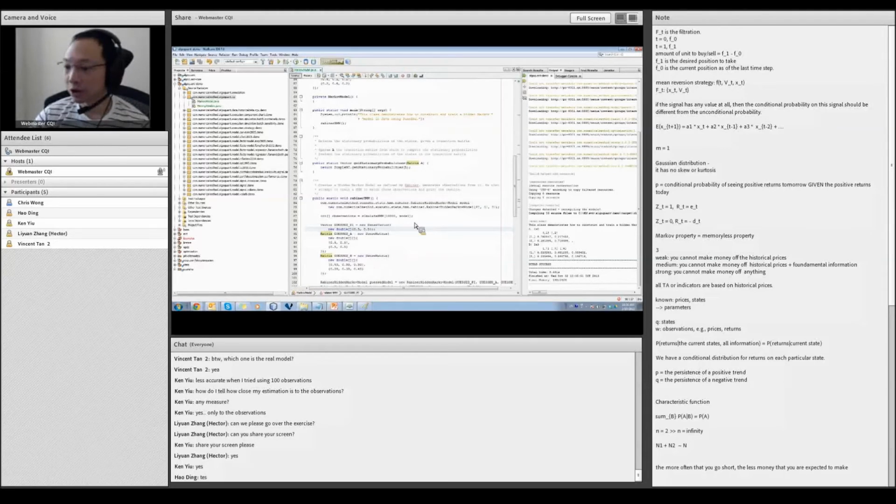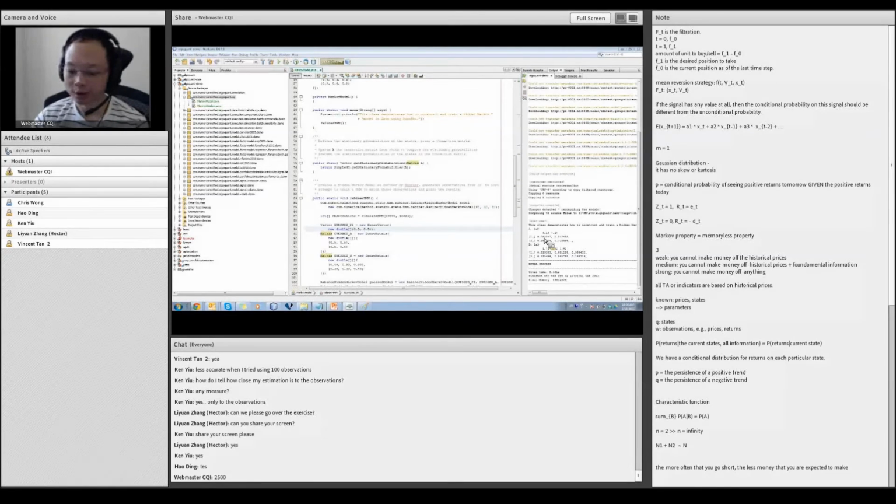Most of the assets don't last that long. We don't have data for most stocks for 40 years, because most companies close down in 10 years or so. So in practice, you need a huge amount of data to make the estimation accurate. This is not practical, because if you do daily data, you only have 250 trading days in 1 year.